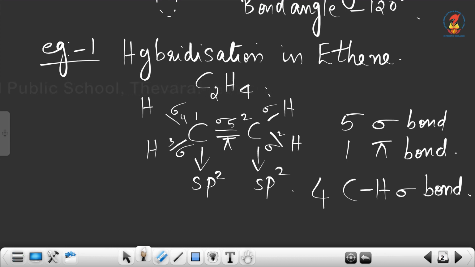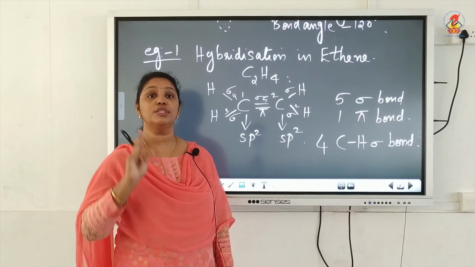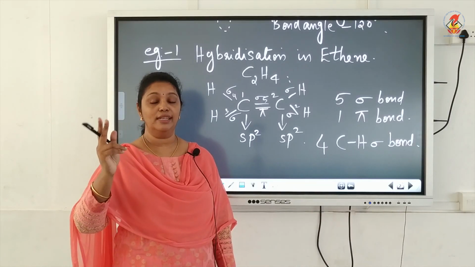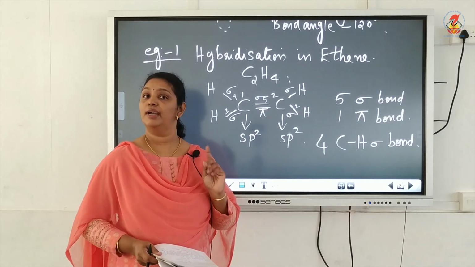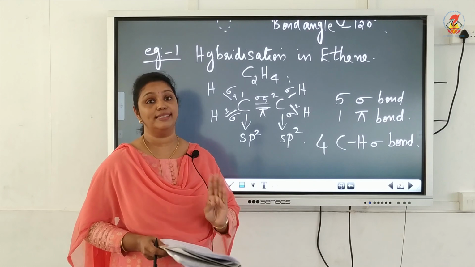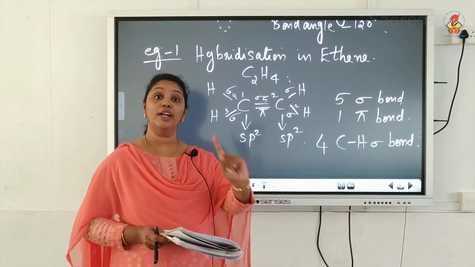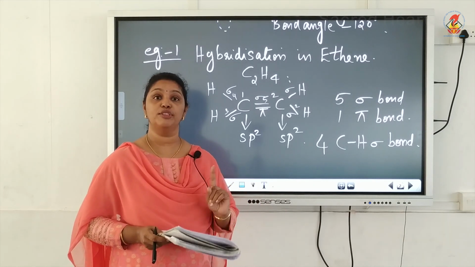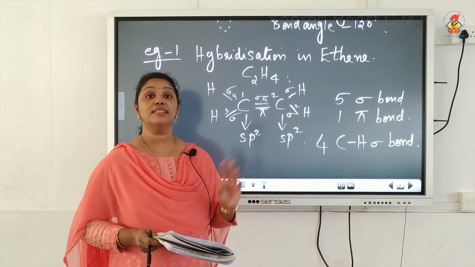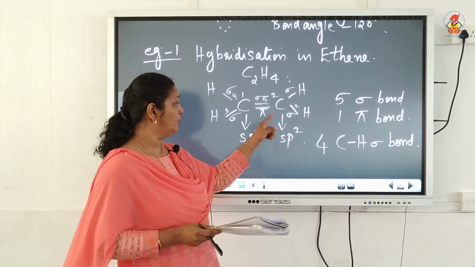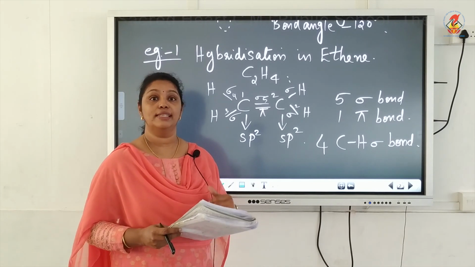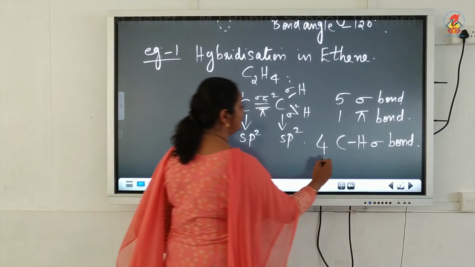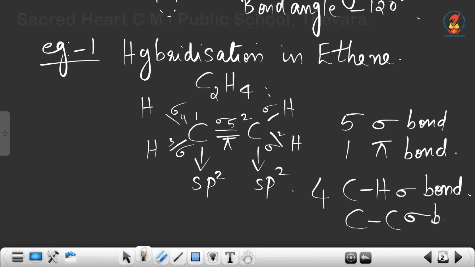So the sp2 hybrid orbitals on both carbons use 2 hybrid orbitals to overlap with the half-filled 1s orbital of hydrogen atoms, and we get 4 C-H sigma bonds. Now there is one more hybrid orbital left on each carbon. These hybrid orbitals will overlap mutually and result in the formation of a C-C sigma bond.